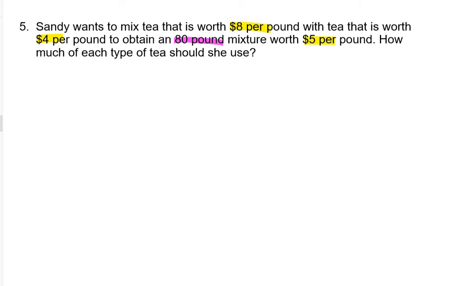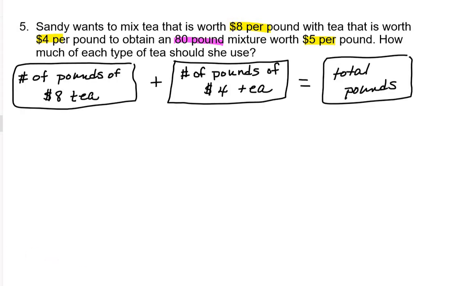So I'm going to make 2 equations. One is going to be based on the amount of the tea in pounds, and my second equation is going to be based on cost. Okay, so the number of pounds of the $8 tea, I'm going to let be X.